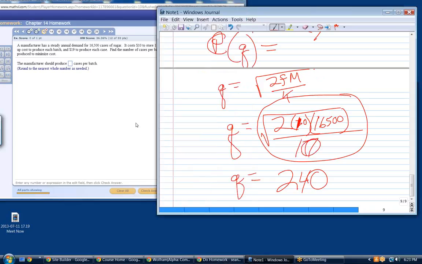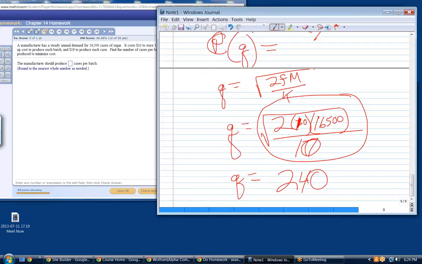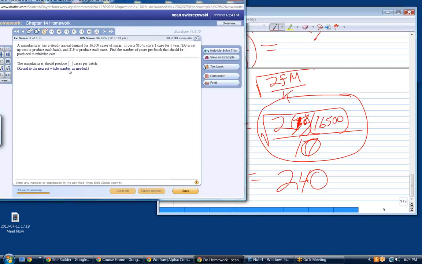What was F? Setup cost. Setup, so that's 33. What's this number? Let's see, we got the square root of 2 times 33 times 16,500 all divided by 10. $330.